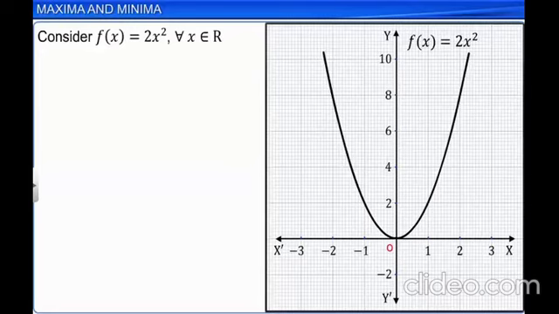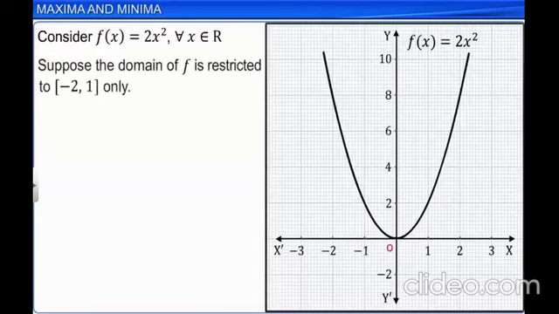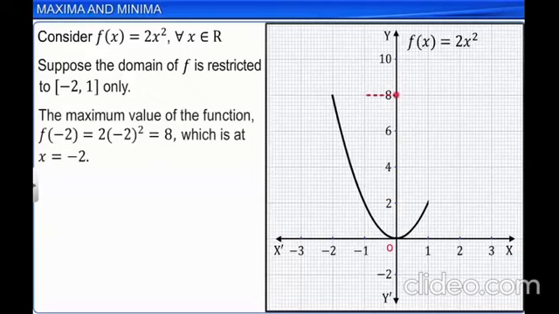Let's verify this. Suppose the domain of function f is restricted to closed interval [-2, 1]. Then, the maximum value of the function is 8, which is at x equal to -2.